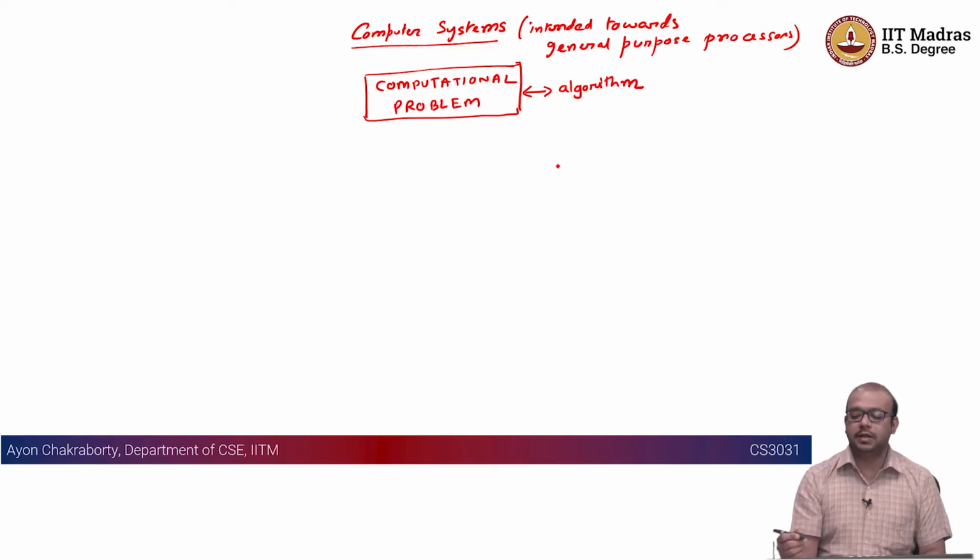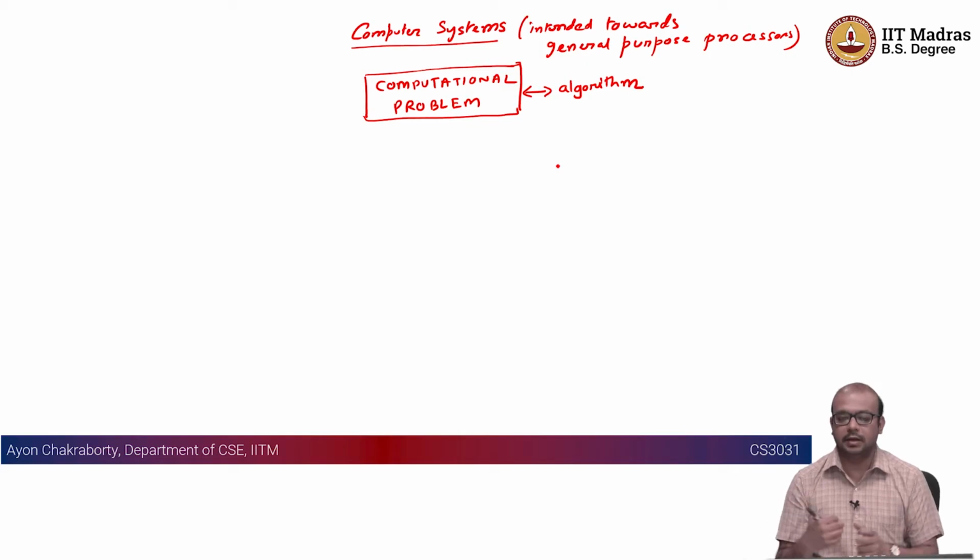So, this algorithm can be implemented in a high level programming language, right. That is something that you are already aware of. So, you can use a programming language of your choice, right. Typically, you can program this using C++ or Java or Python and so on.